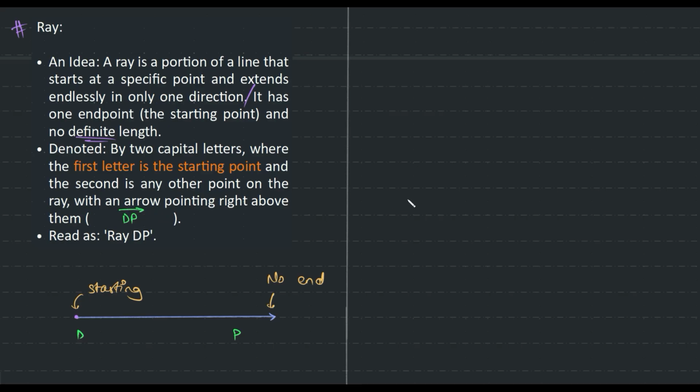You can see the difference. Line segment is this. Line is this. This is a ray representation. This you need to remember. We will use it throughout, even in your degrees and so on and so forth. And let me mark the point. So DP, as simple as that.